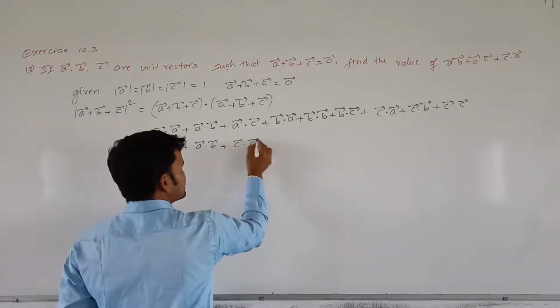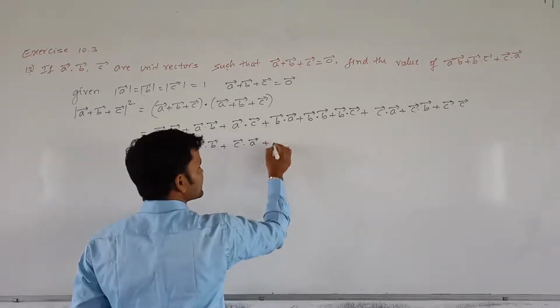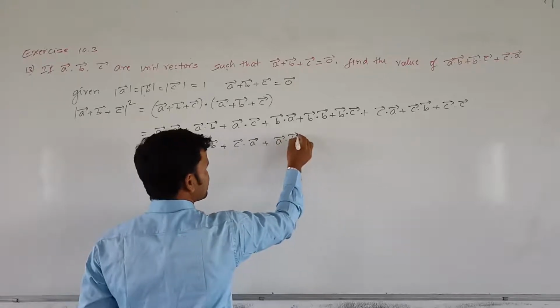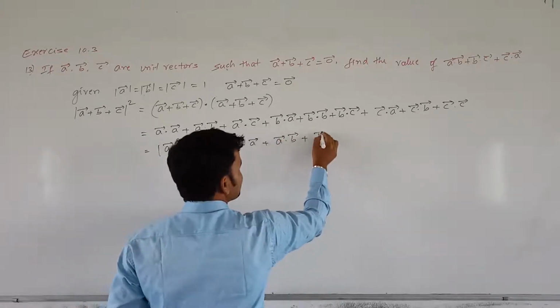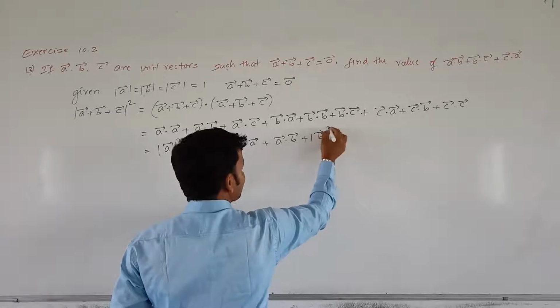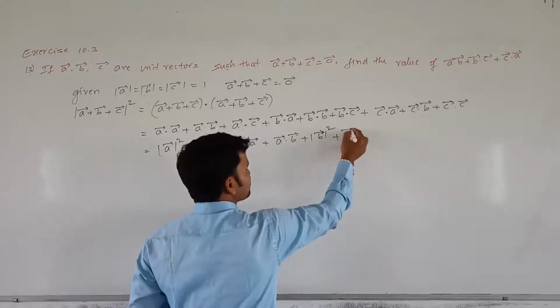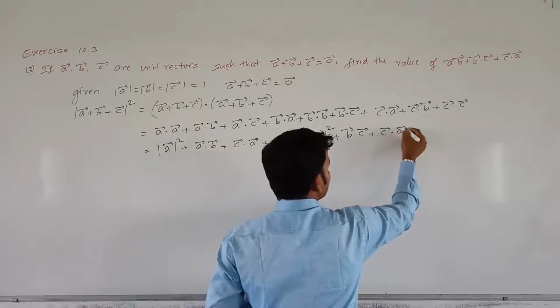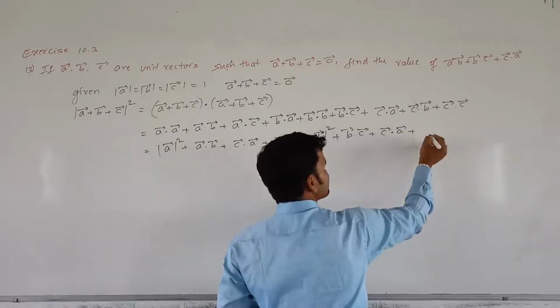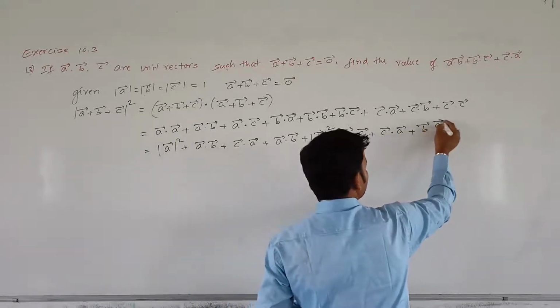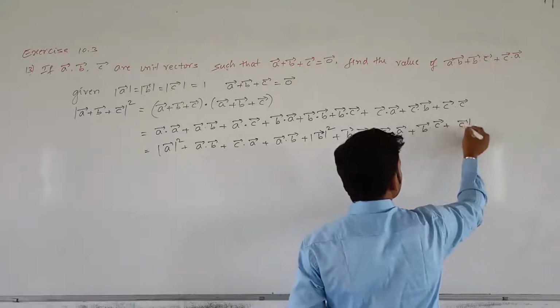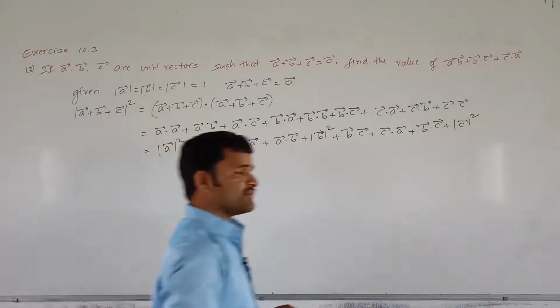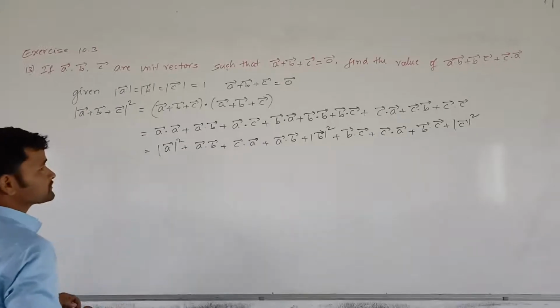Write it as C dot A, plus B dot A is there, write it as A dot B. B dot B is magnitude of B square, plus keep this B dot C as it is, C dot A as it is, C dot B is there, you write it as B dot C because dot product is commutative. Next, C dot C is there, this is magnitude of C square we will write.